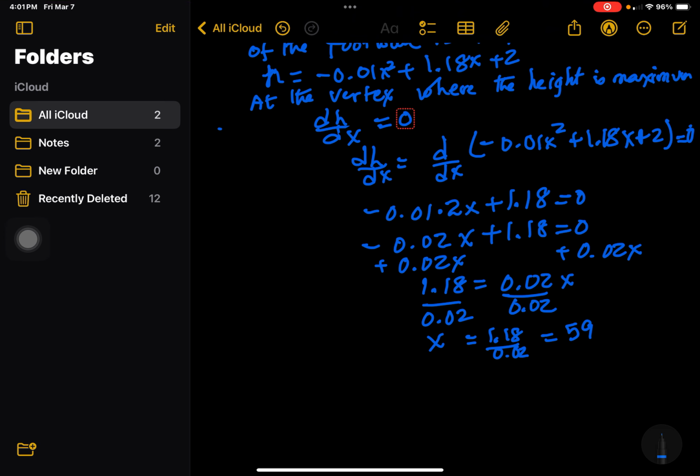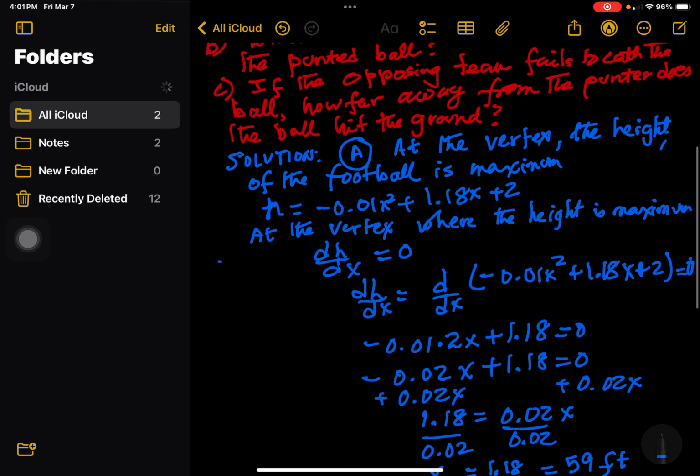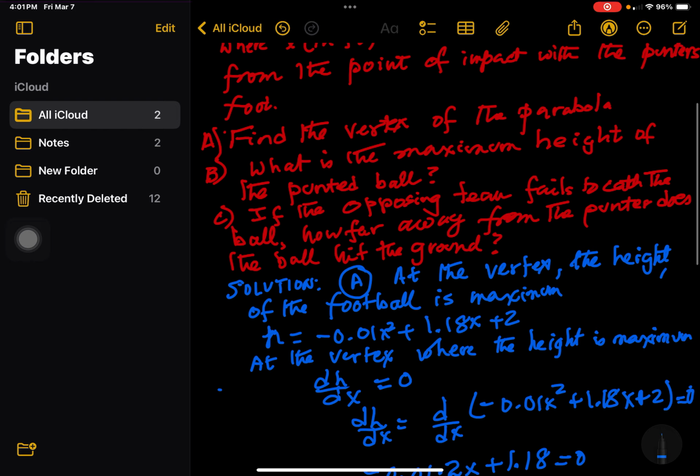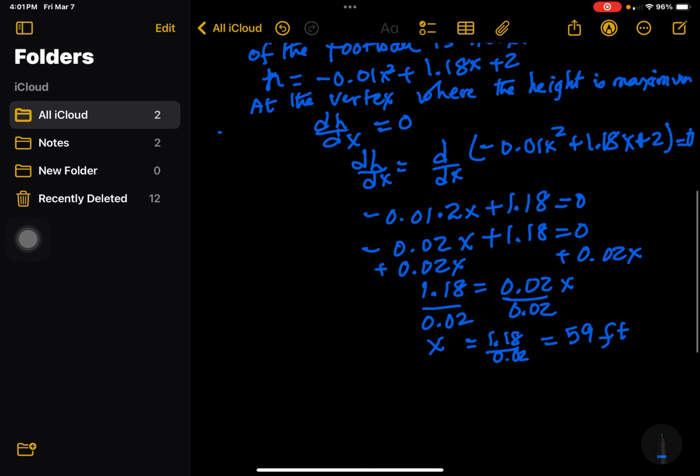So what did I ask for? Find the vertex of the parabola. So that is the horizontal distance of the vertex, and we plug in for h as a function of x is equal to minus 0.01 x square plus 1.18x plus 2.